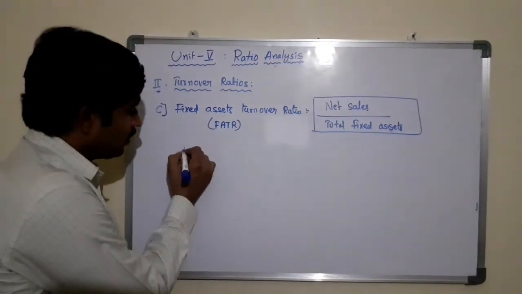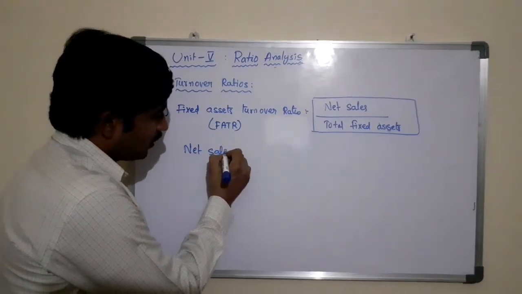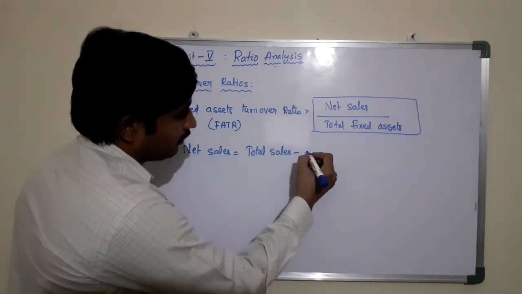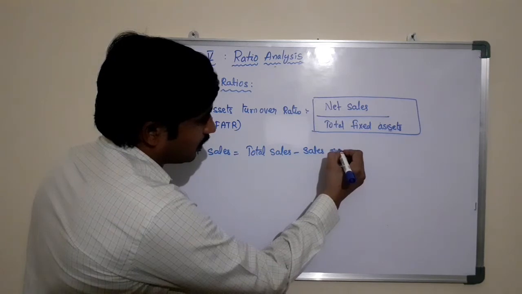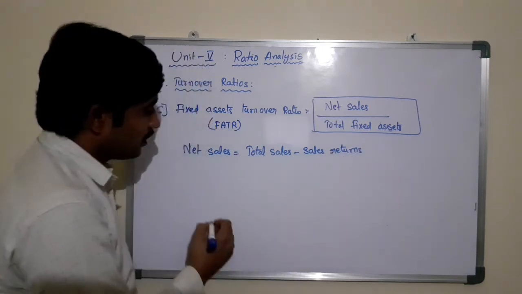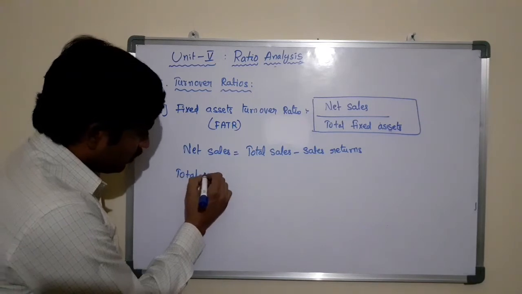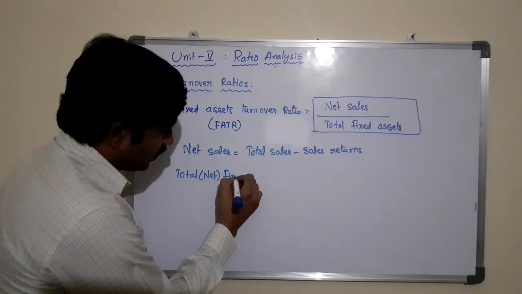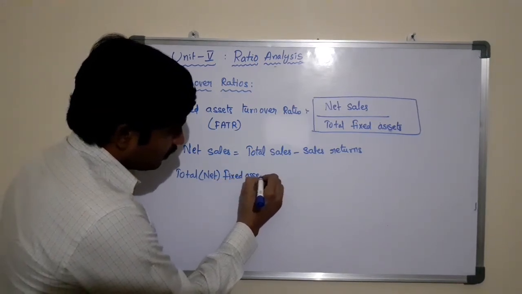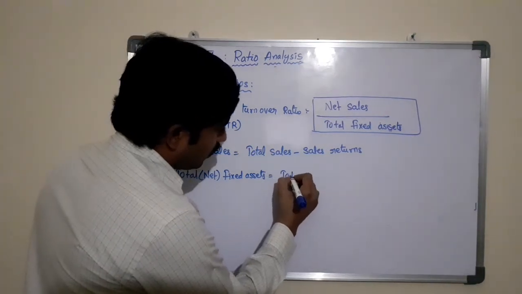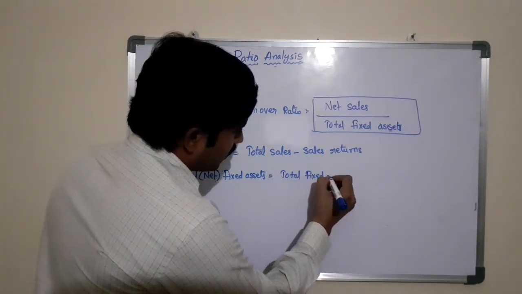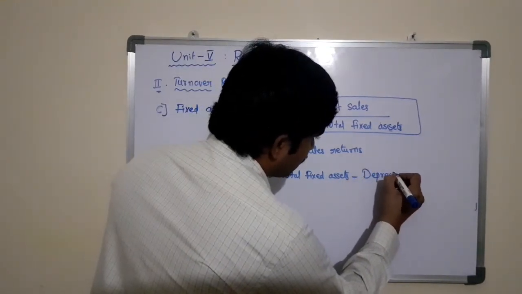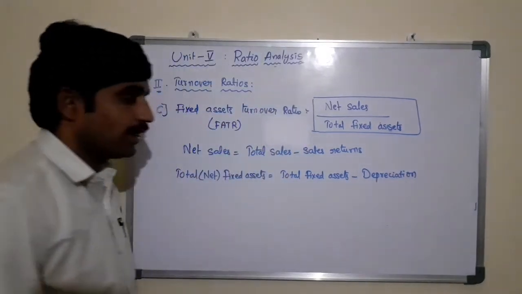Here net sales means, as we know, that net sales equal total sales conducted minus sales returns, and the total net fixed assets, or net fixed assets, equal total fixed assets minus depreciation, if any.